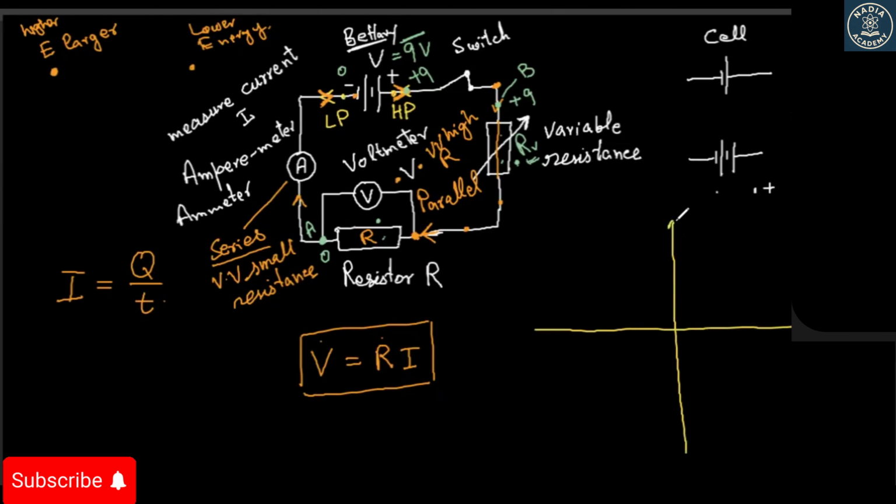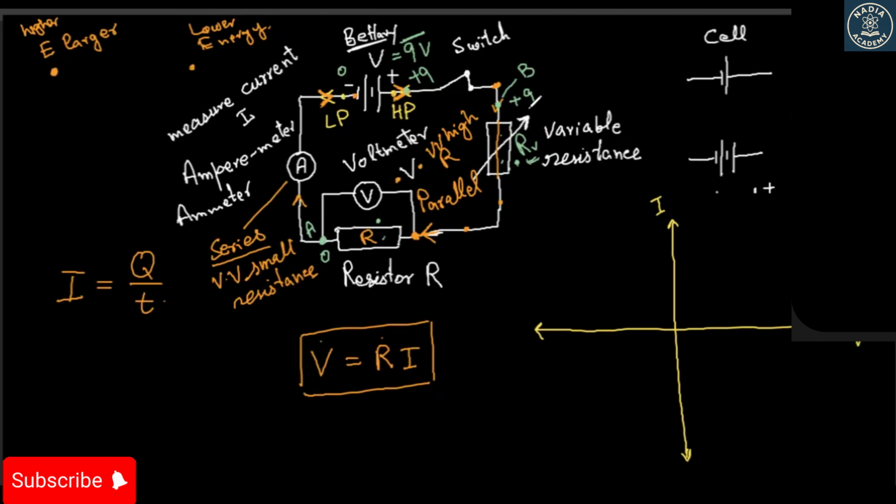The x-axis has the potential difference, V, like this. And then the y-axis is the current. Now, what will happen? When we reduce the value of the variable resistor, more voltage will appear over here.